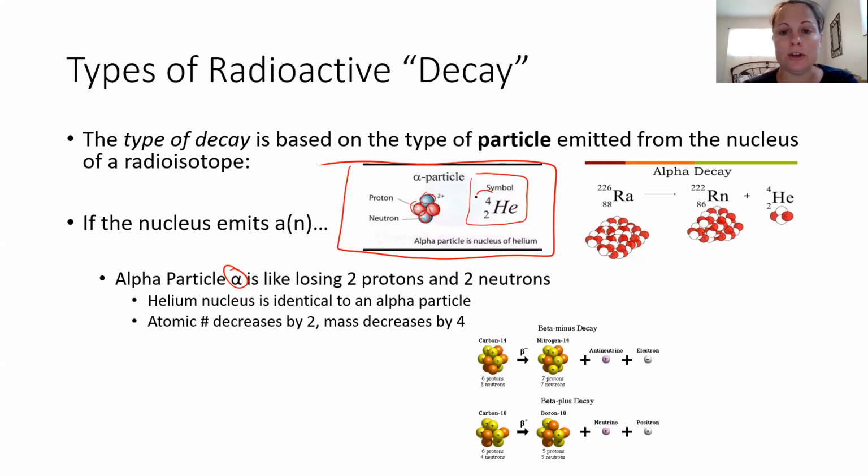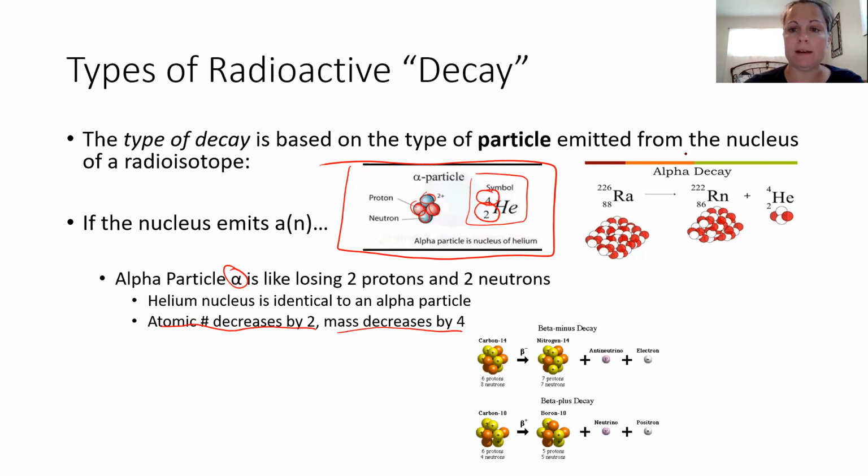Because of the 2 protons and 2 neutrons, its mass is 4. And the 2 protons give it an atomic number of 2. So what we want to do is think about what happens when an element loses this from its nucleus. If you lose 2 protons, the atomic number is going to decrease by 2 and you're going to form a new element. The mass number is going to decrease by 4.